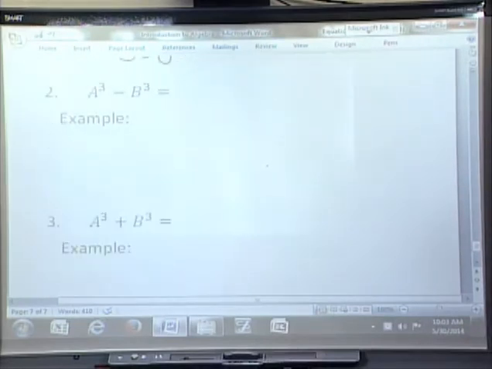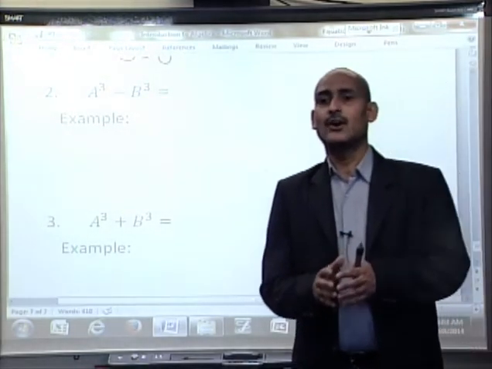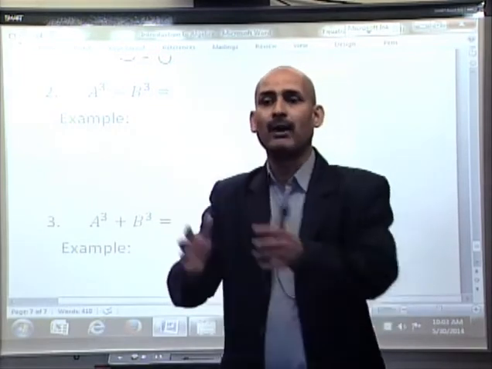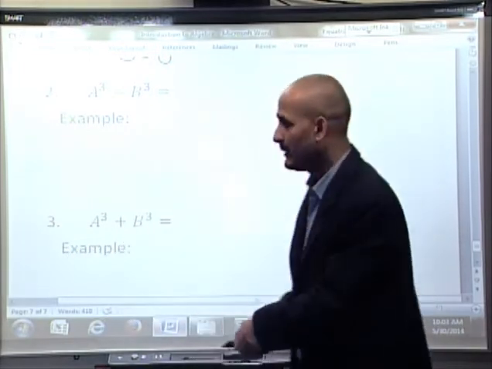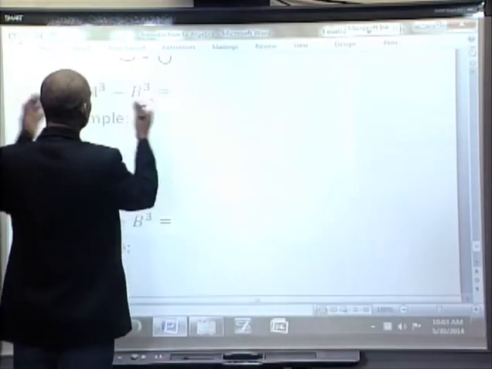Now, some algebraic expressions come as the difference of two cubes, cube of a quantity minus cube of another quantity. There is a formula to factor the difference of two cubes also.